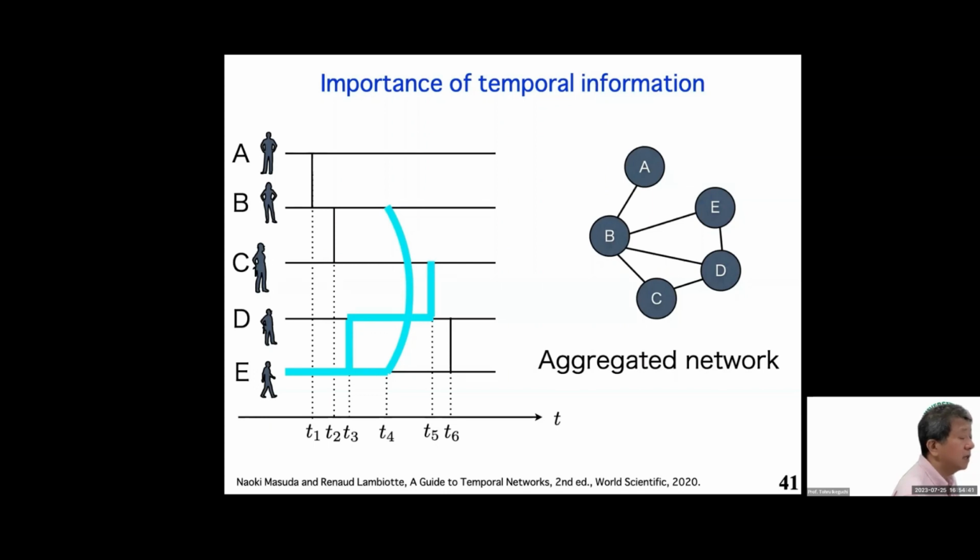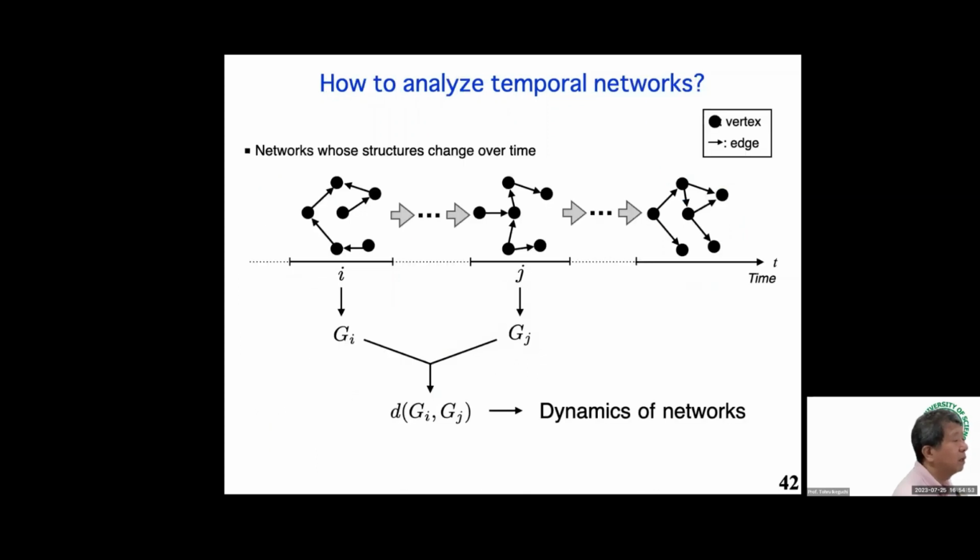These differences indicate that it is important to consider the so-called temporal information, or to analyze these networks as temporal networks. Now, how do we analyze the data as a temporal network? Please let me explain how to do that.